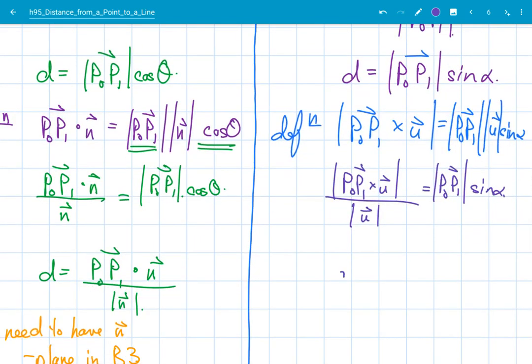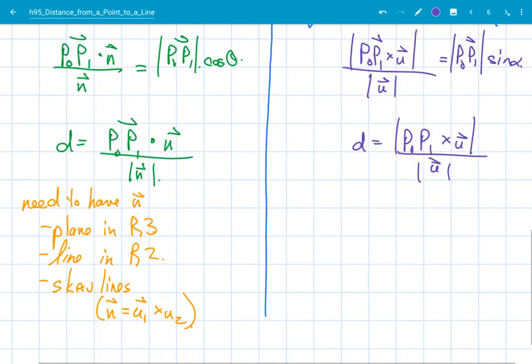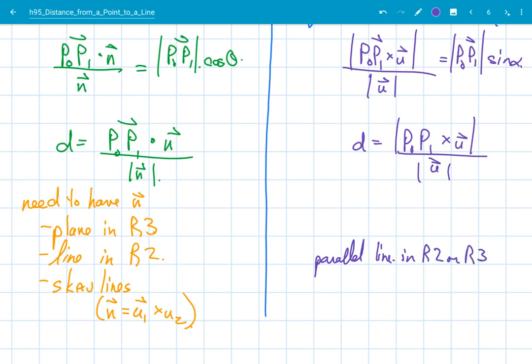And so distance is P naught P1 times the magnitude of U over U. Now, when do you have the direction variant? Well, if you have parallel lines in 2 space or 3, and if you just have a point, you're finding the distance from a point to a line in R2 or R3, depending which equation of the line you have.